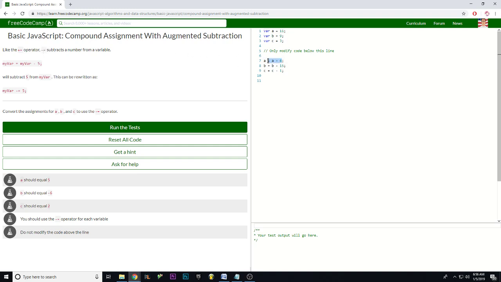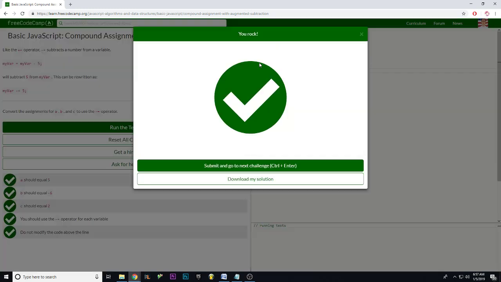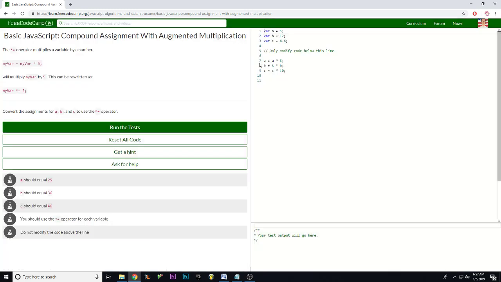There's also a minus equals. So here they want us to do a minus equals 6, b minus equals 15, c minus equals 1. The times equals operator multiplies a variable by a number.